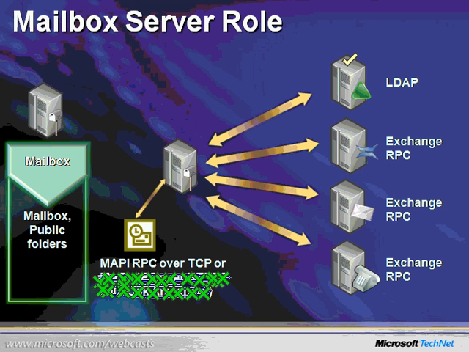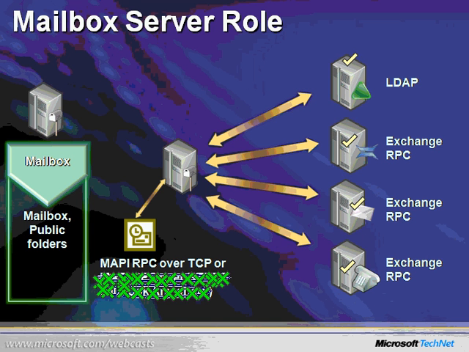Over here for Exchange RPC, this second box on the right is the Hub Transport Server. I'm trying to get used to some of these icons here, but that is the Hub Transport Server. And for communications with that, it's going to be Exchange RPC. For other components, this one here on the bottom is my unified messaging server, and that's also going to be Exchange RPC.